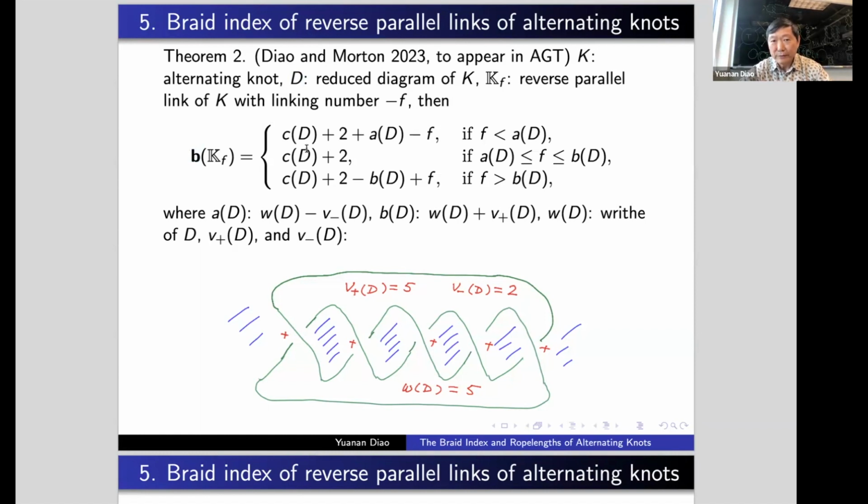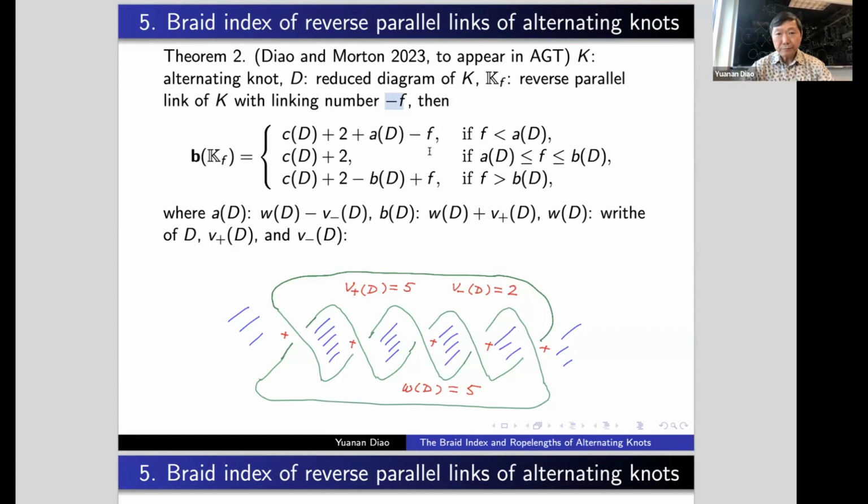Let me explain the formula. In the formula, there are a few numbers. F in the literature is called the framing, but it's really just the negative of the linking number of this link. So negative F is our linking number of the link.